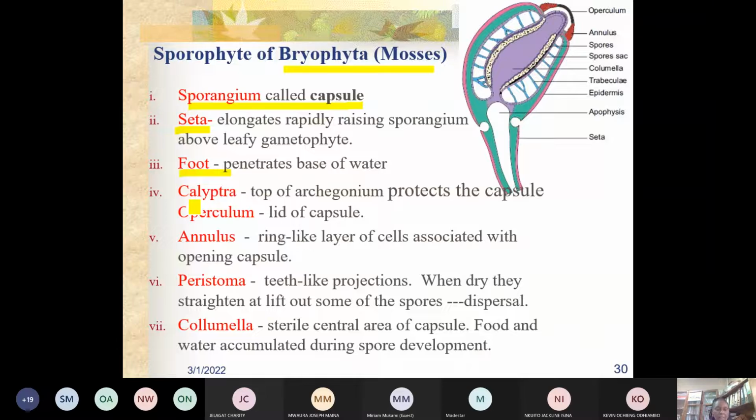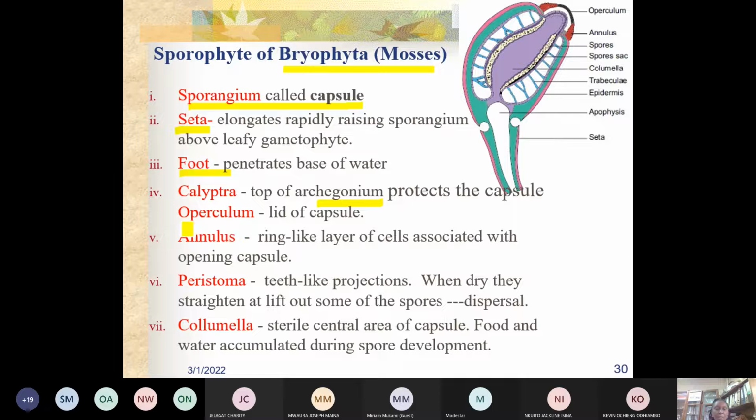So we have the calyptra, which is the top of the archegonium, and its work is to protect the top of this structure, which is not seen here. It's been removed. So the calyptra is the one that protects the capsule.